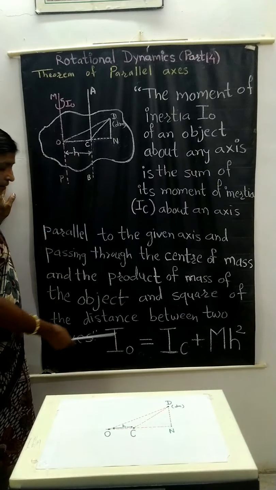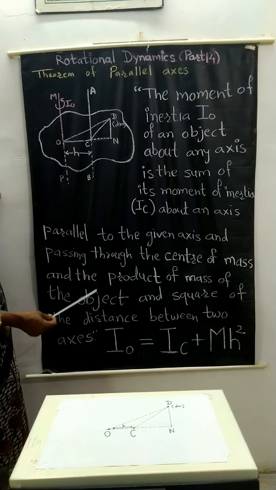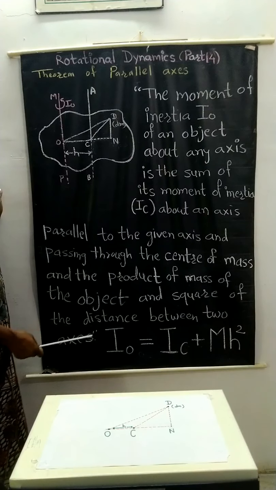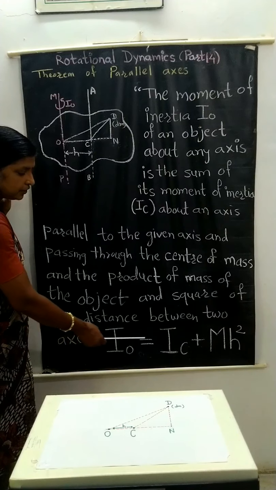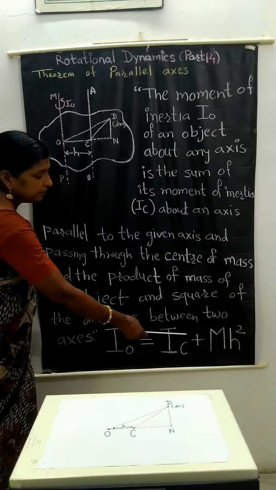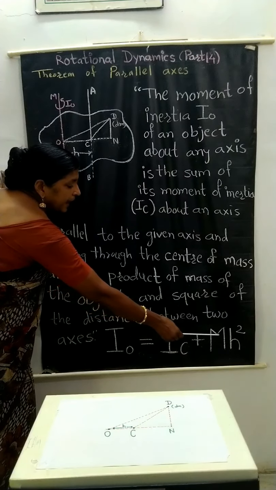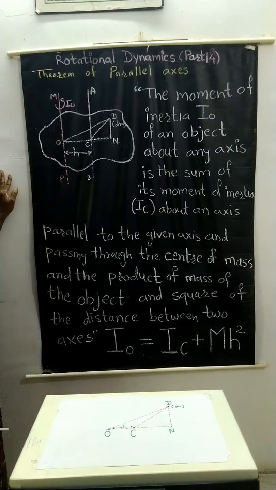Mathematically, this theorem can be written as IO is equal to IC plus MH square.